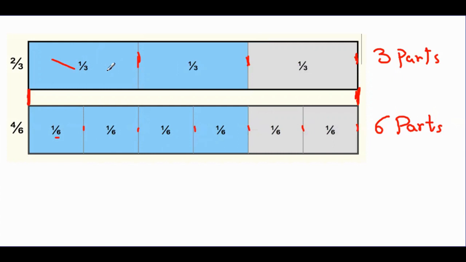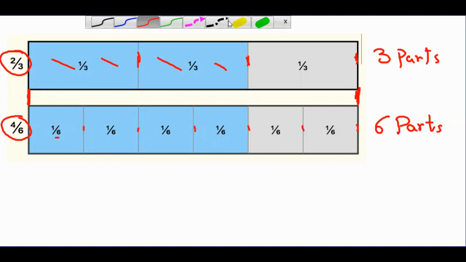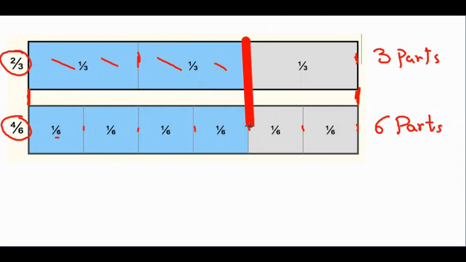If I colored 2, I colored 2/3. If I colored 4 parts here, I colored 4/6. But if we compare these two, the colored part here, you will find that they are equal.